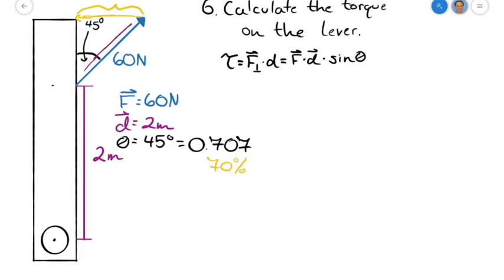So if the hypotenuse was 1, then this one would be 0.707 times whatever the hypotenuse is, and so that would be this guy here.